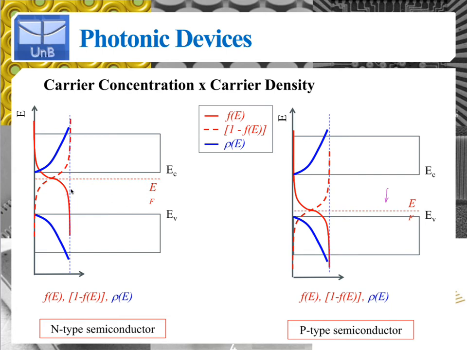Now, for an N-type semiconductor, since the Fermi function is displaced towards the conduction band, when you take the product of the Fermi distribution by the density of states in the conduction band, you get this, which I'll draw in green here, something like this.